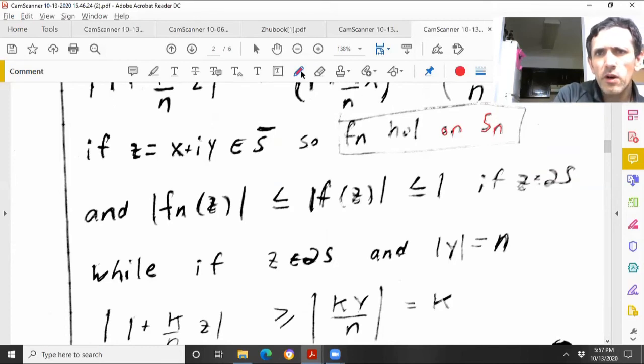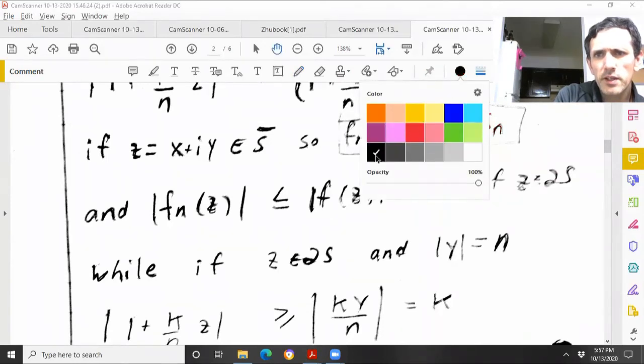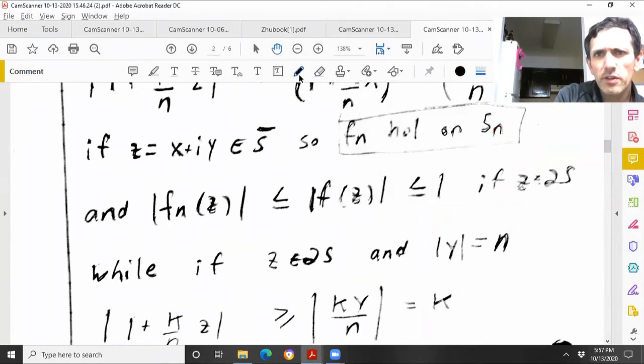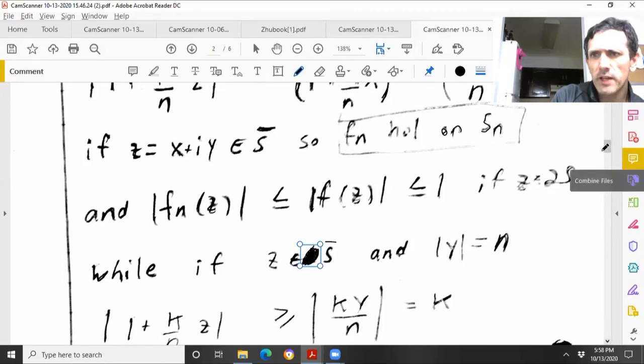So if z is in the closure of the strip, and the absolute value of y is equal to n, then, well, x is still between 0 and 1.